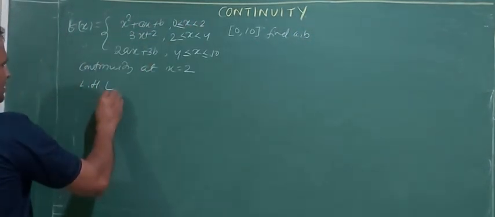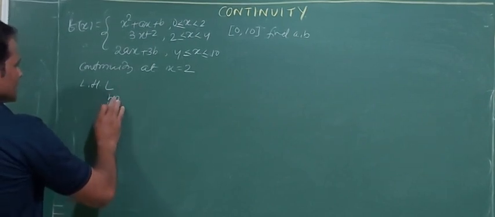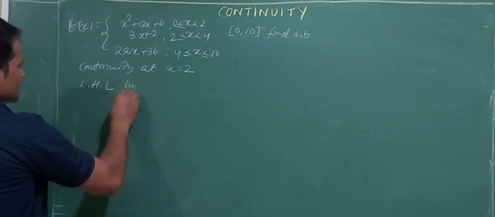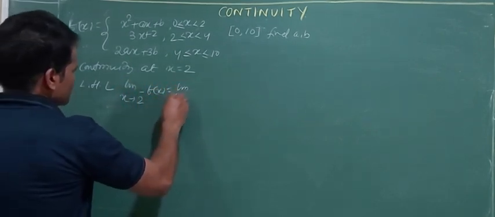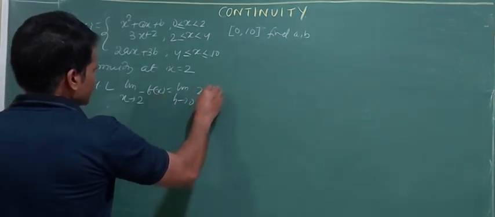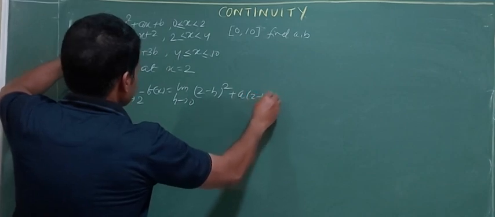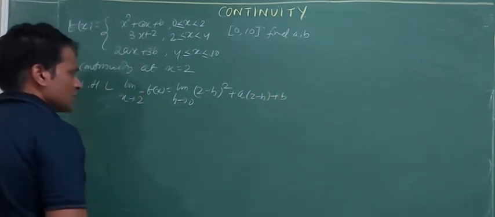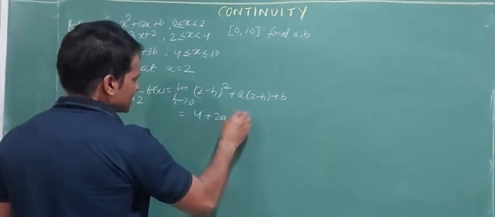LHL, limit x tends to 2 minus f(x), limit h tends to 0, 2 minus h whole square, a into 2 minus h plus b. As denominator is not having h, directly replace h tends to 0, 4 plus 2a plus b.